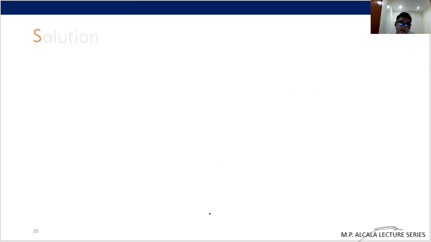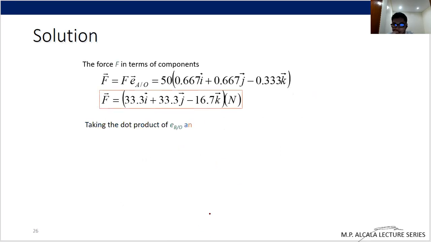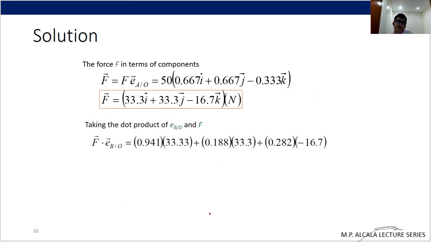Okay? And then for us to identify the force in parallel, in terms of component, taking the dot product of the unit vector B to O and F will give us 20.4 newtons. Okay?